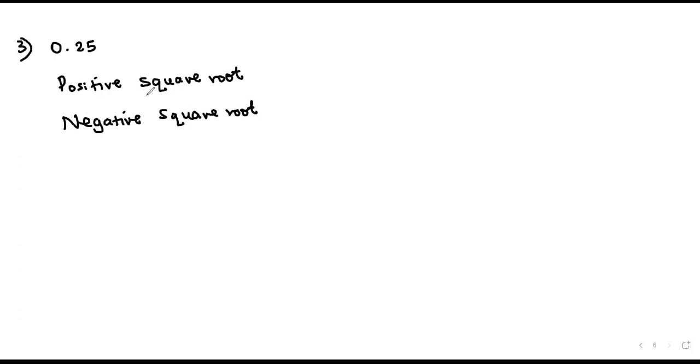And of course, the positive square root of 0.25 is this one. And the negative square root is the negative square root of 0.25. So, which number can we multiply by itself to get 0.25? 0.5. Very good. So this means that the positive square root is 0.5 and the negative square root is negative 0.5.